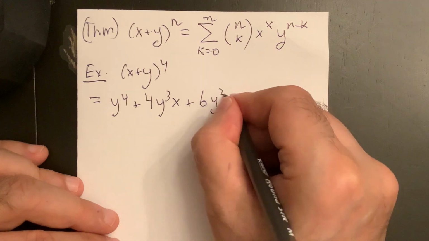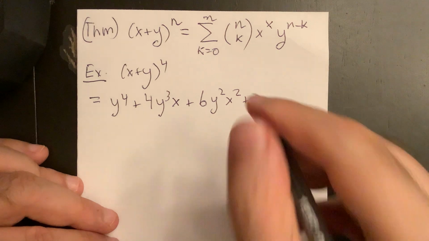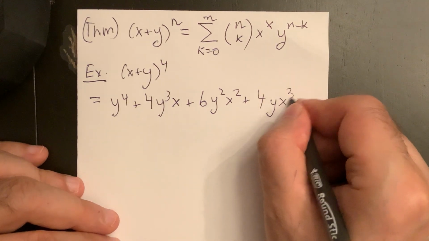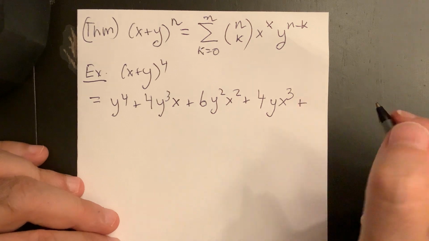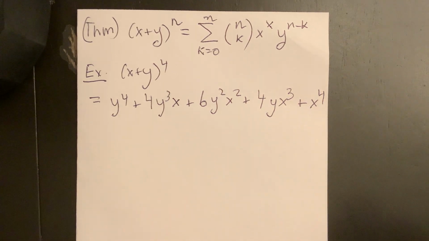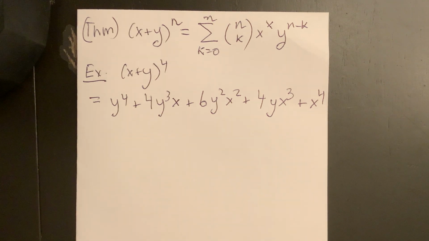I have y squared x squared plus, now they go back the other way, 4 choose 3, that's 4. I have y x cubed, and finally 4 choose 4, and that's x to the 4th there. Okay, so this is a way to quickly write down and expand binomial terms.